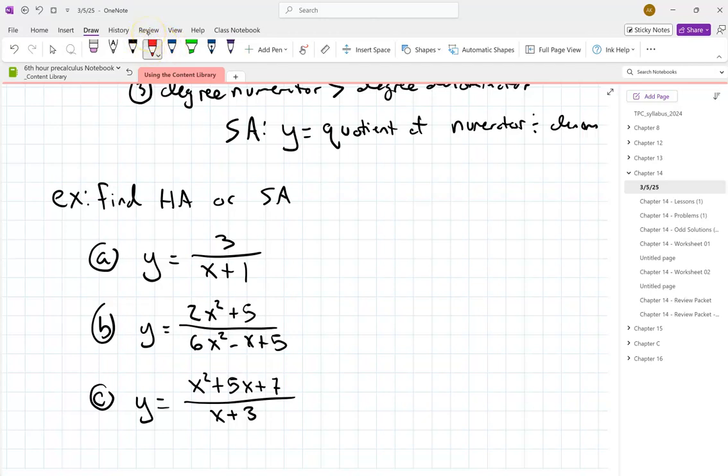So I have 3 examples here. So the first example is y equals 3 over x plus 1.